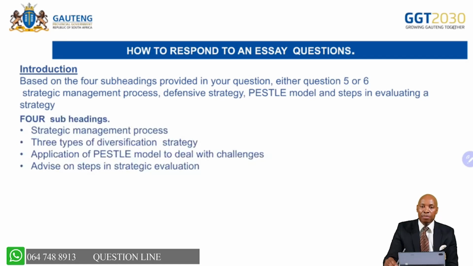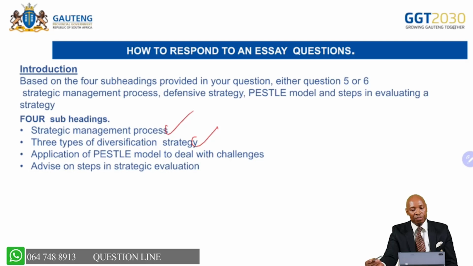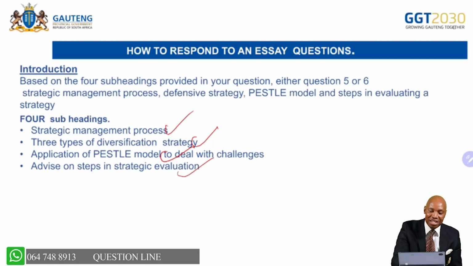Therefore, where are they coming from? They are coming directly from the question paper. Now, we look at our question. The first one, it was strategic management process. The other one, it was types of diversification strategy, the application of pestle model, and steps in evaluating a strategy.